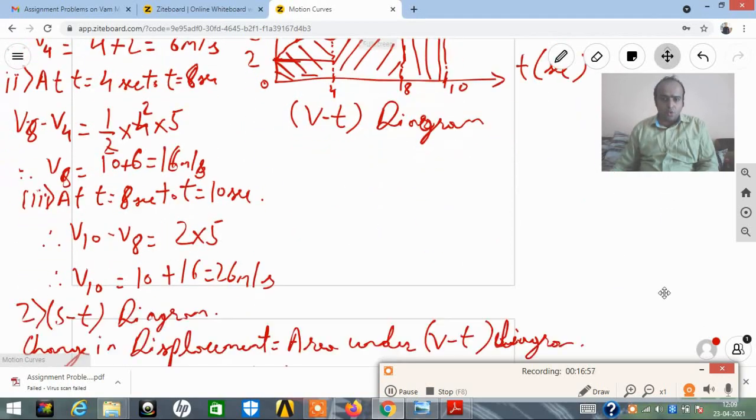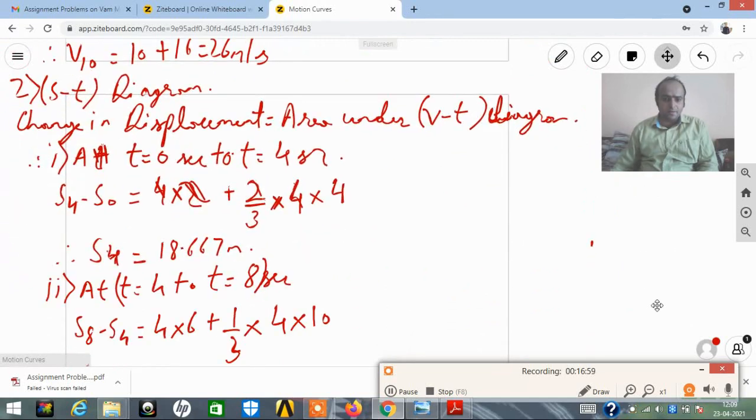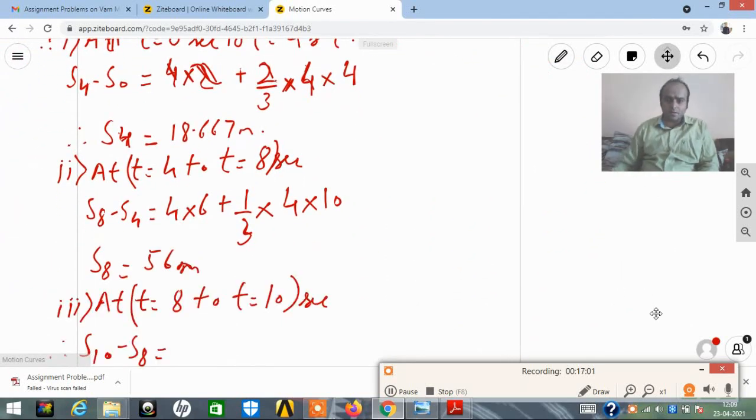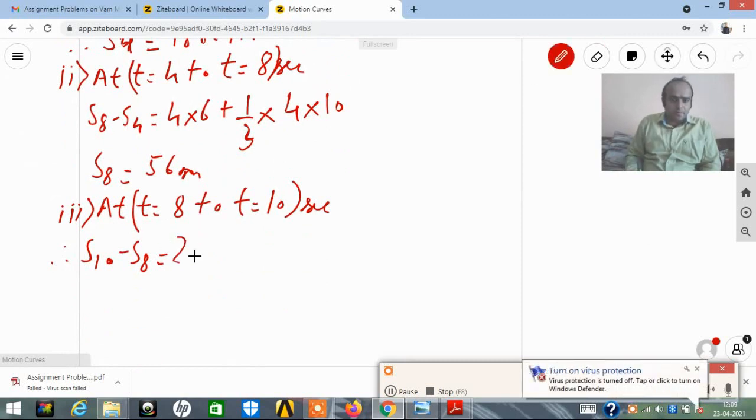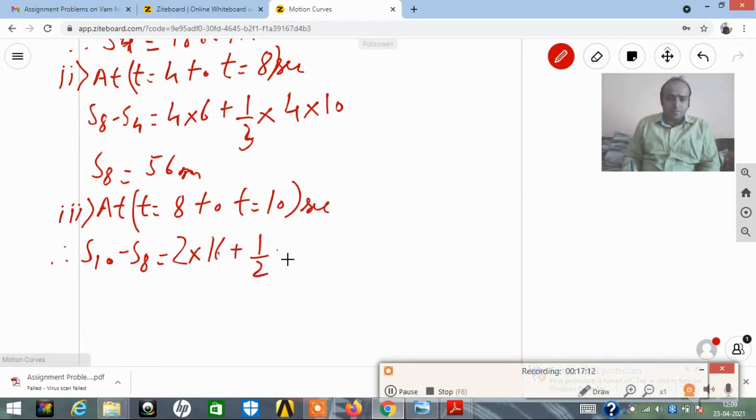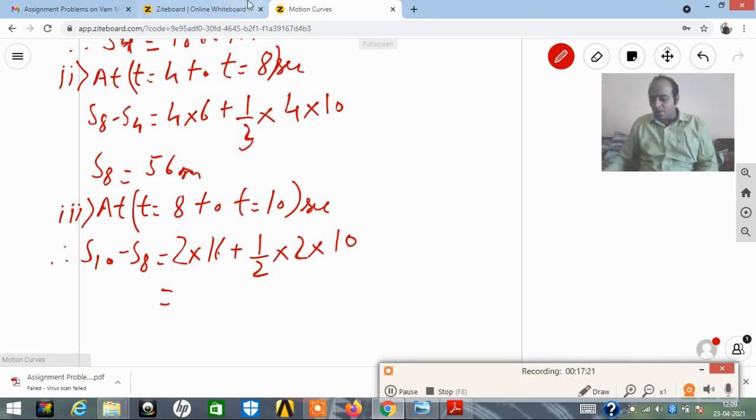So it will be 2 into 16 plus half into 2 into height, that is 10, that is equal to 32 plus 0.5 into, this 2 and 2 will get cancelled out.